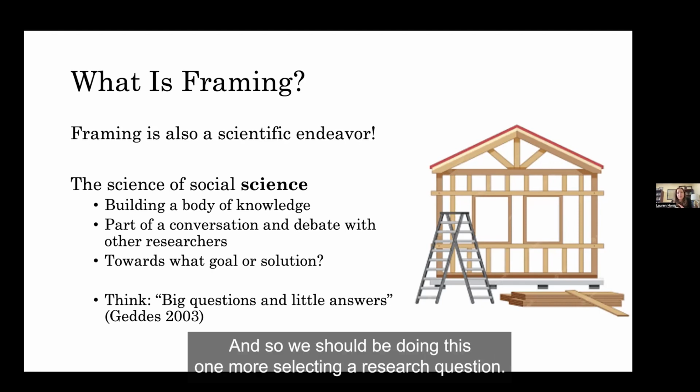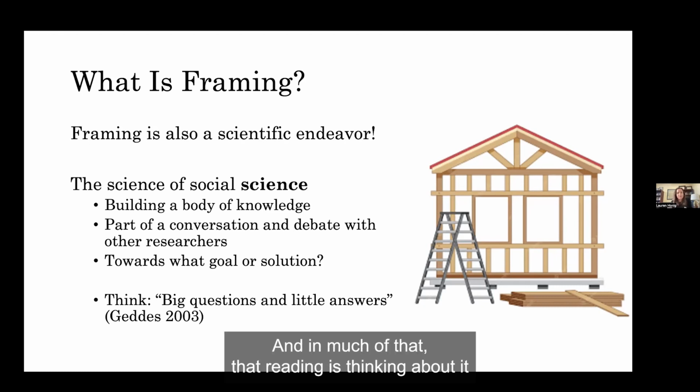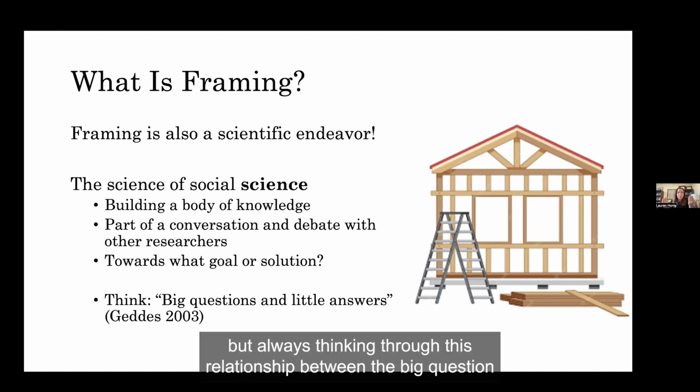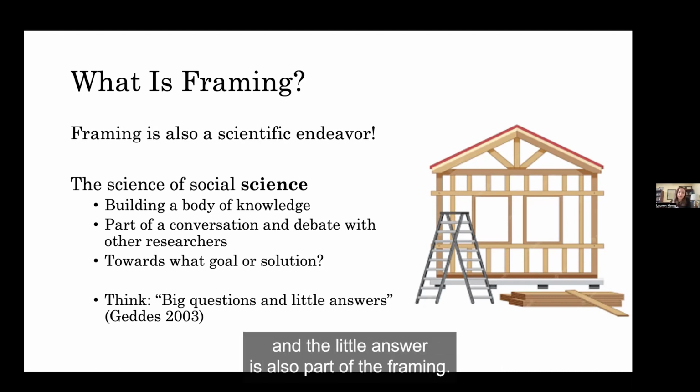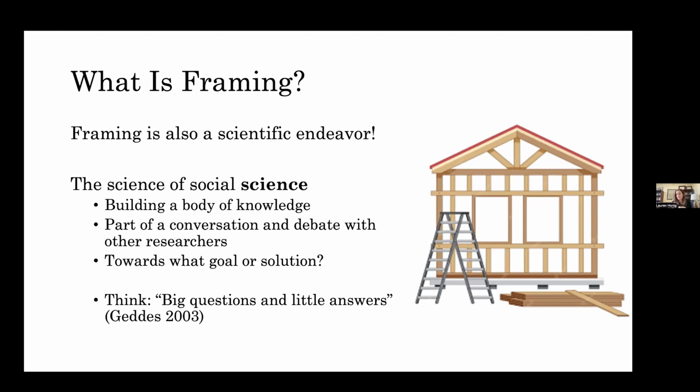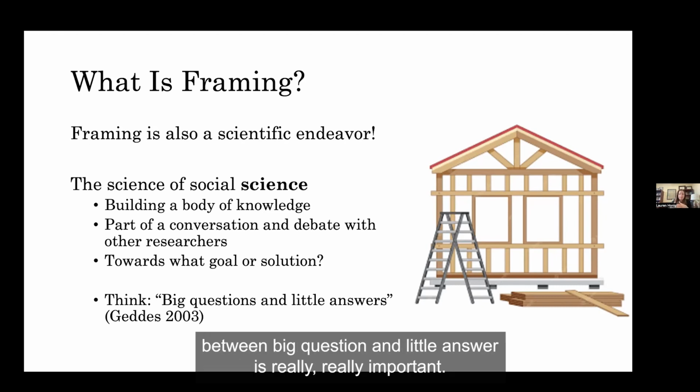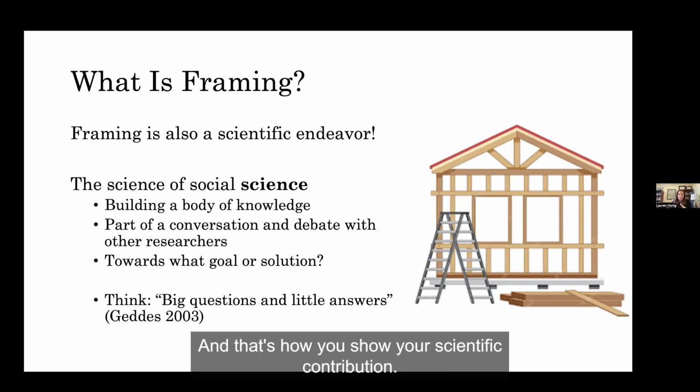And so we should be doing this when we're selecting a research question, and much of that reading is thinking about it as selecting a research question, but always thinking through this relationship between the big question and the little answer is also part of the framing. So for your paper, your grant, or your dissertation, when you're framing, that linkage between big question and little answer is really, really important. And that's how you show your scientific contribution.